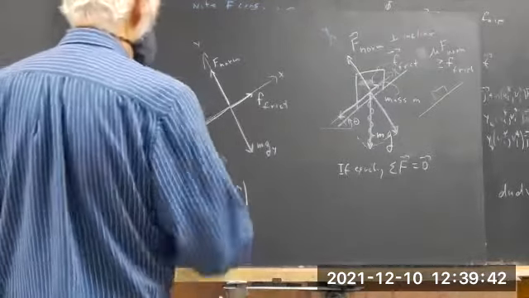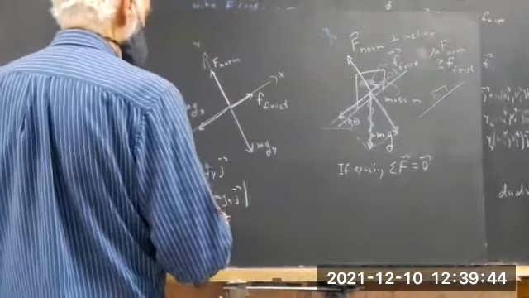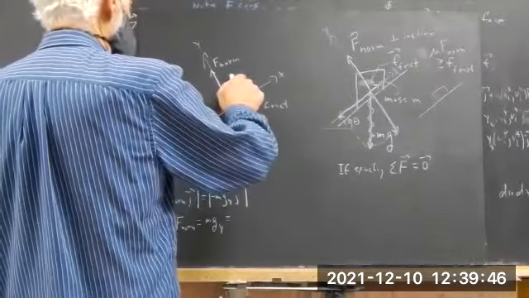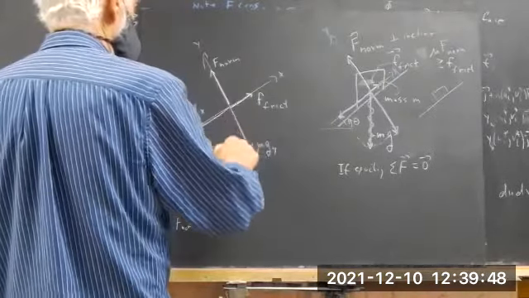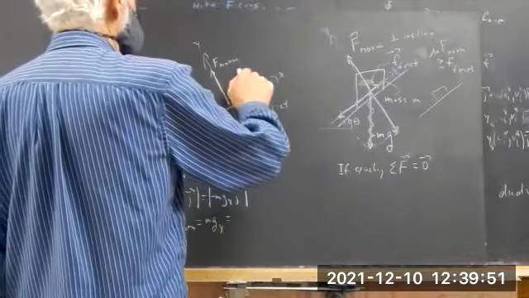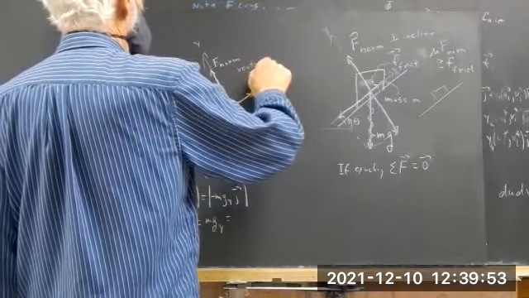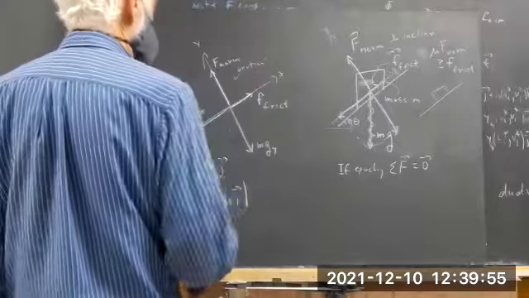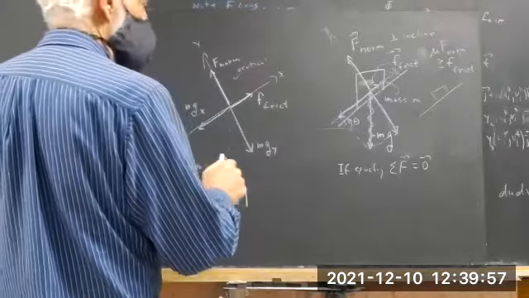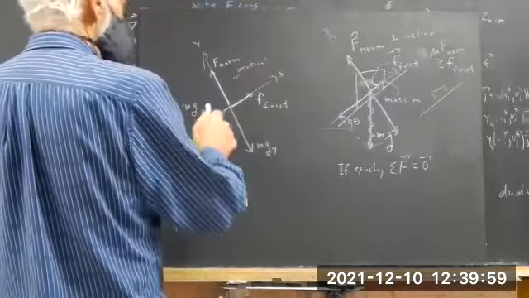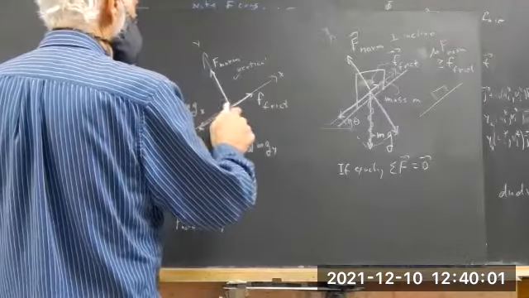Then if this is vertical, then theta is the angle between this and horizontal.